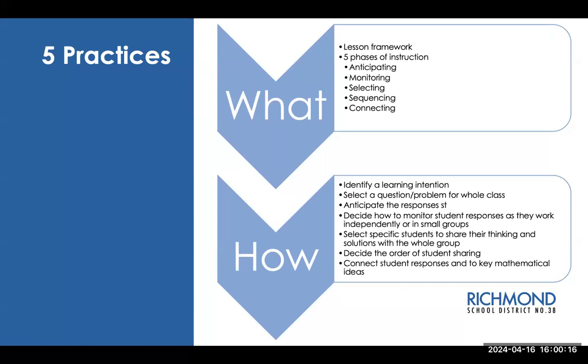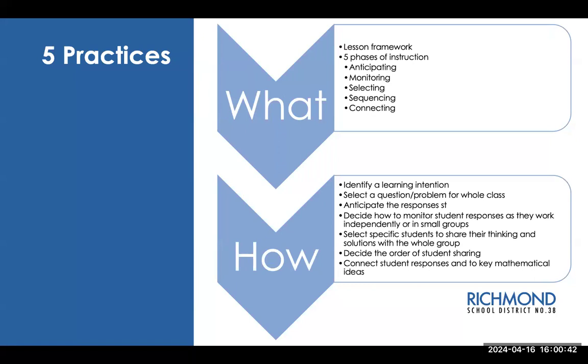This requires us to select a question or problem for the whole class, and this might mean a little bit of differentiating based on student needs. We might have to select one or two. We have to think about what are some possible responses that students might share so that we can think about how we might respond to them.